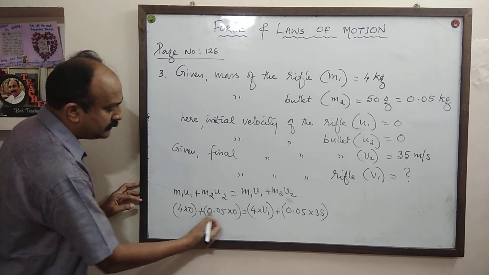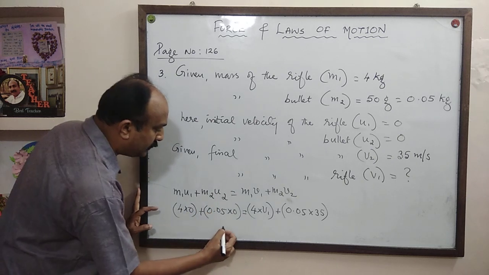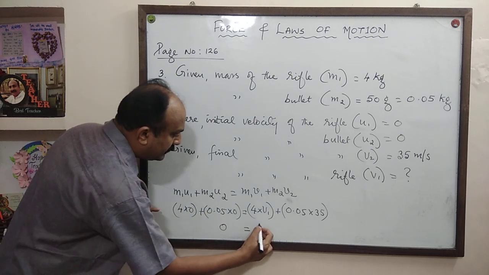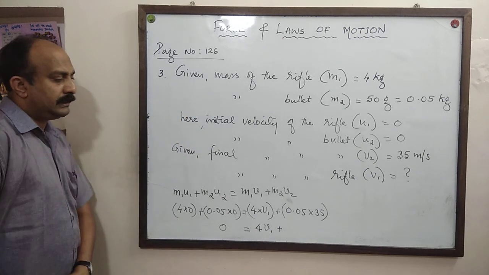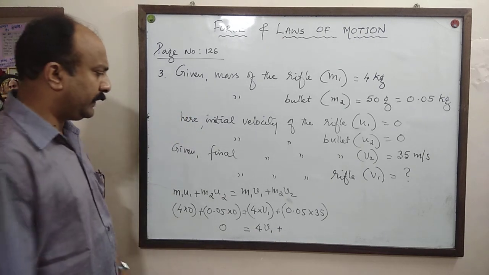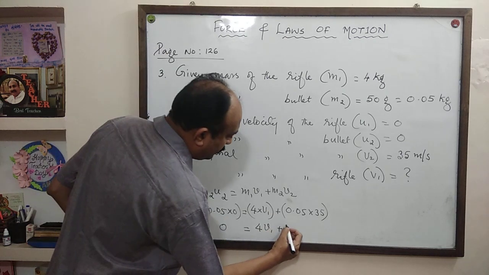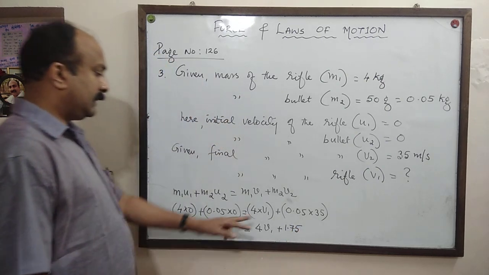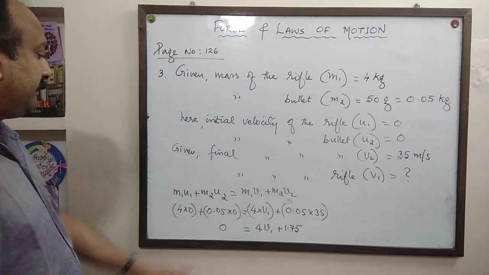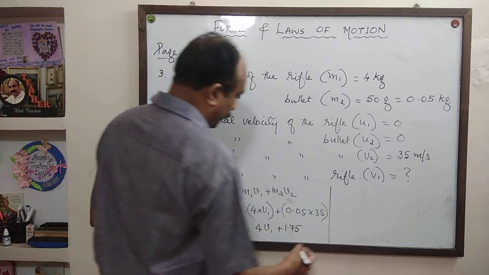So 4 into 0 is 0, plus 0.05 into 0 is 0, equal to 4V1 plus 35 into 5, 175, so 1.75. 4V1 plus 1.75 equal to 0.